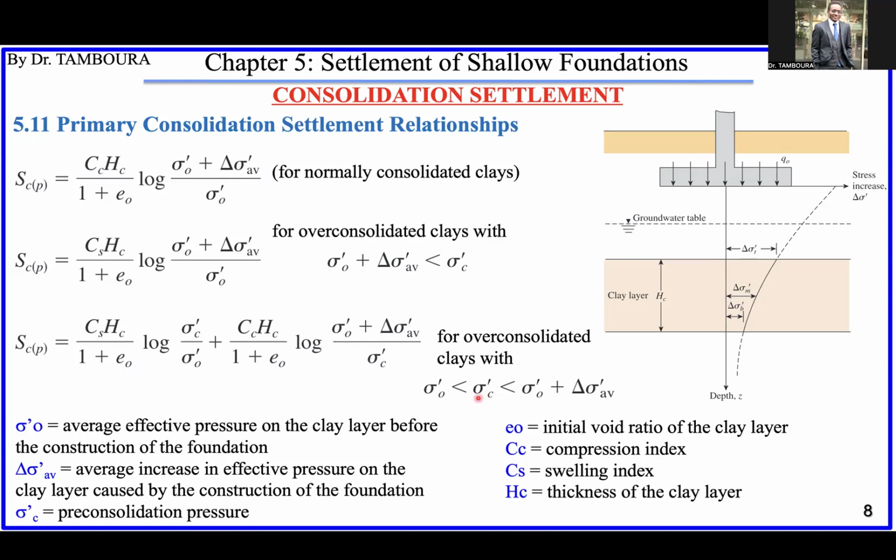So you can see that the pre-consolidation pressure is a very important parameter, and we have learned this in chapter 1. Please go back to chapter 1 and see the curve from the lab test, how we obtain this pre-consolidation pressure.